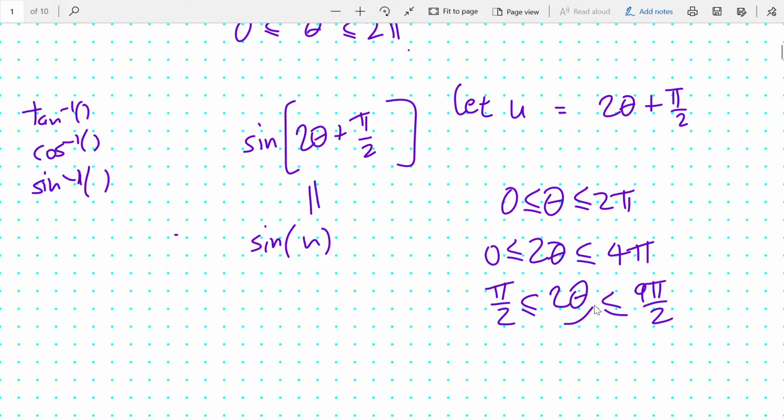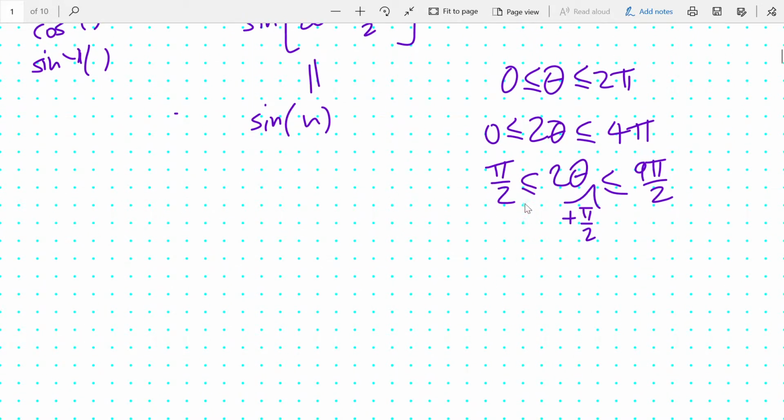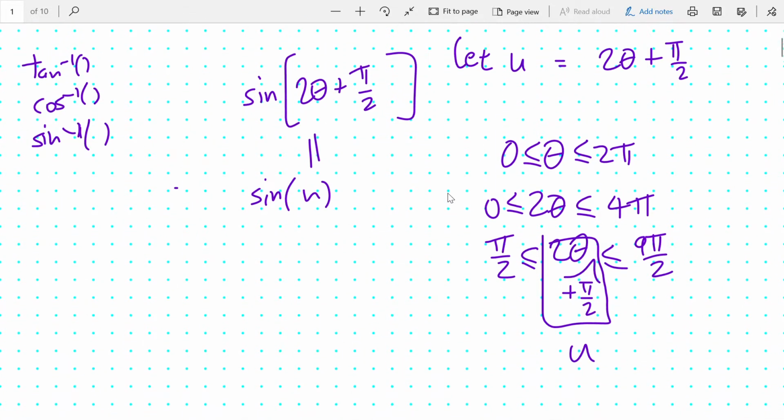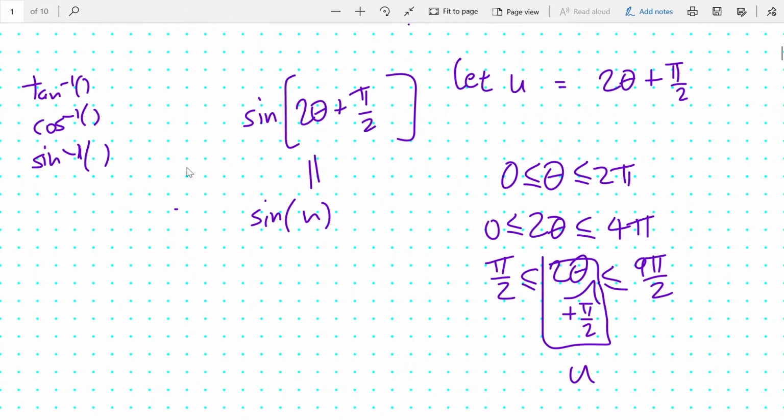My bad, this is 2 theta plus pi over 2. So you would have this u term here, and you'd have a range of values for which using the inverse trigonometric functions would be useful to you. Like, you have a range of angles that could be within this bracket.